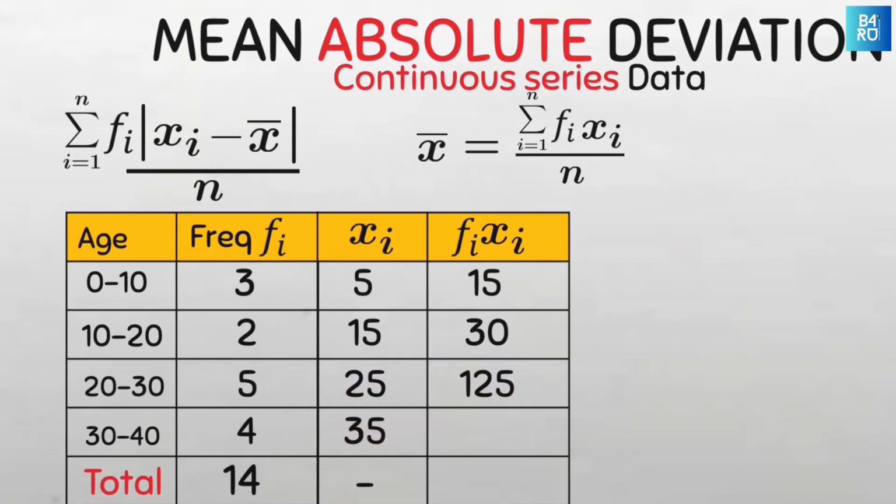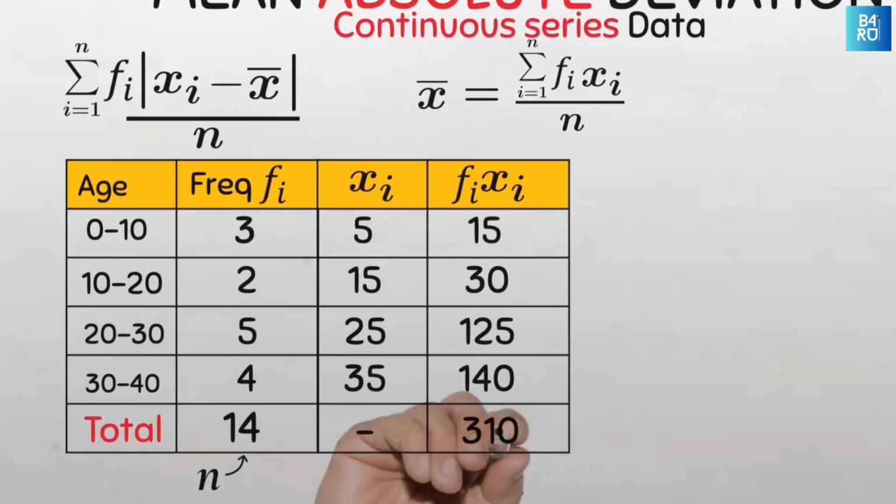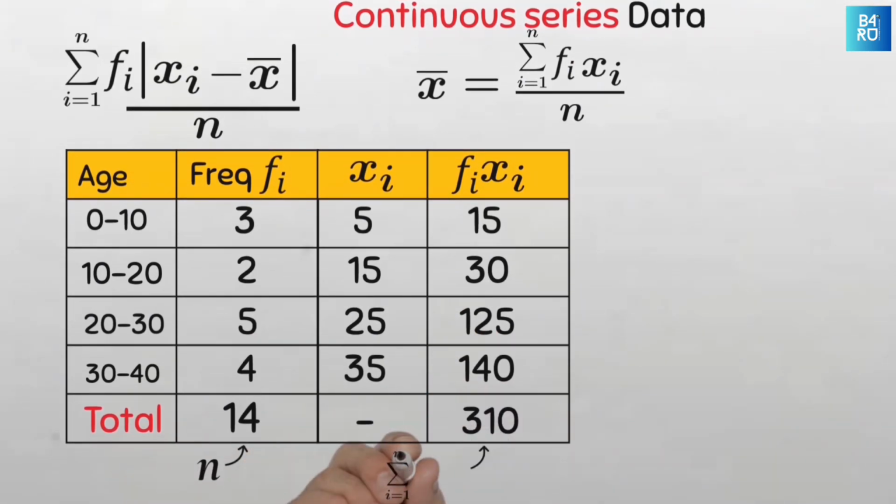And for the last class, we'll multiply the frequency of 4 and the midpoint of 35, thus we would have 140. And our total will be 15 plus 30 plus 125 plus 140, so we'll have a total of 310. So the summation of f of x is 310.